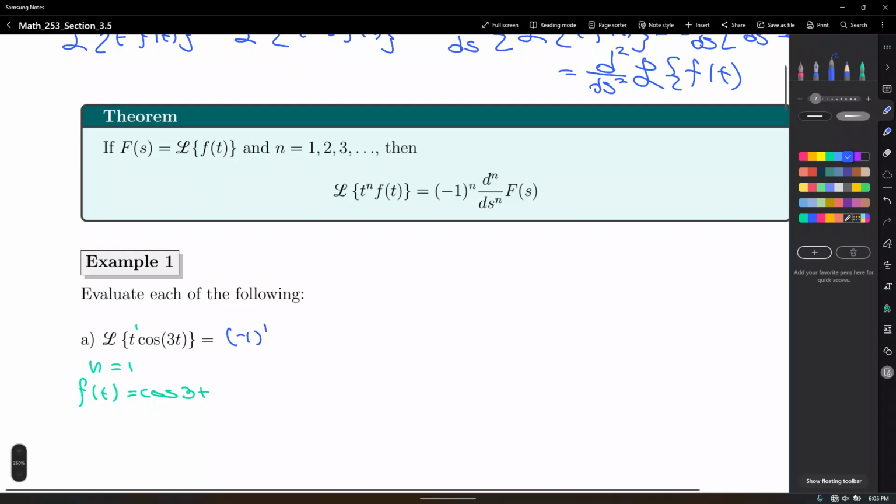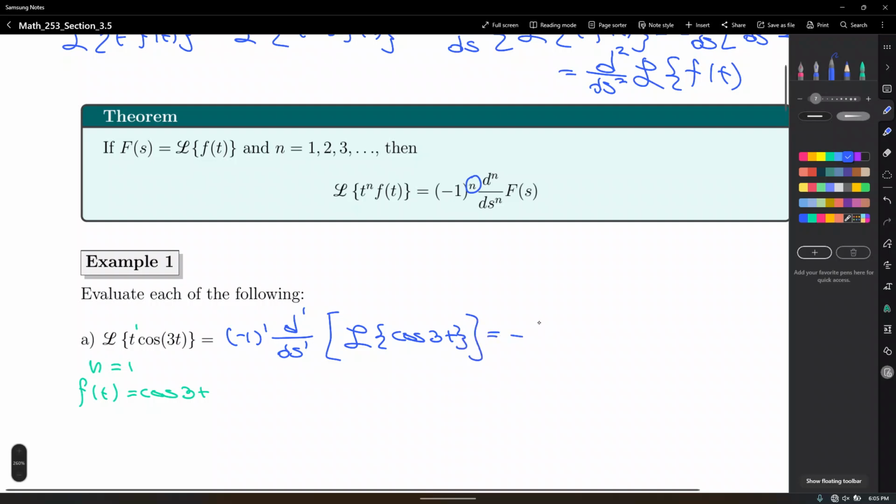negative 1 to the first power, d^1/ds^1, that is essentially the first derivative of the function F(s). What is the transform? Let me do the Laplace transform of cosine 3t.